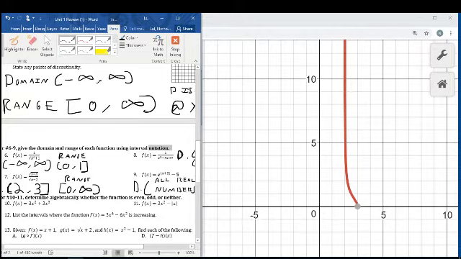And that's because as x approaches 2, it doesn't touch 2. You'd be dividing by 0.0001, which makes you dividing by a fraction. It's like multiplying by that large number, the denominator. So that makes you approach infinity.